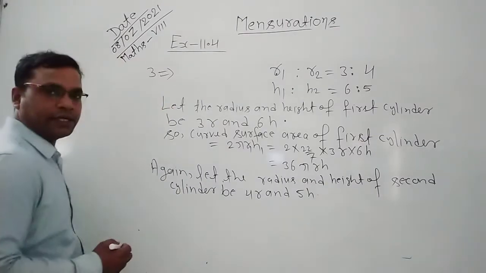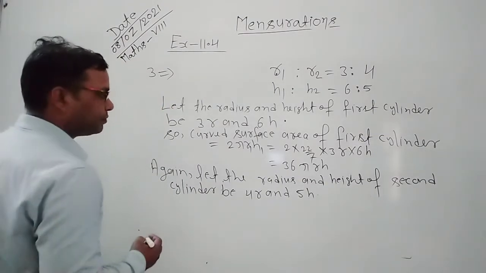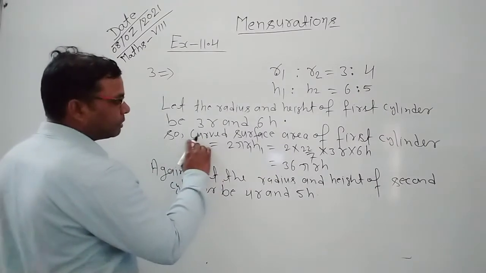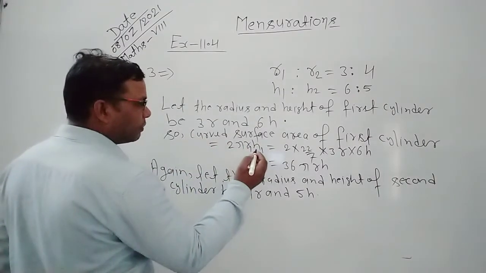So we need to find the curved surface area of the cylinders. The curved surface area of the first cylinder is S1.